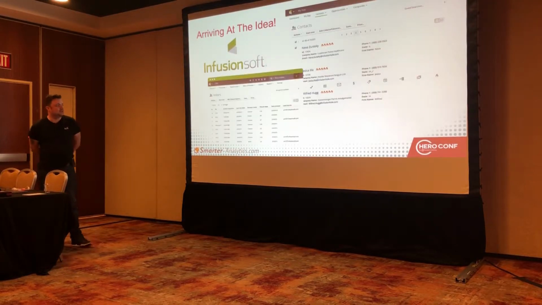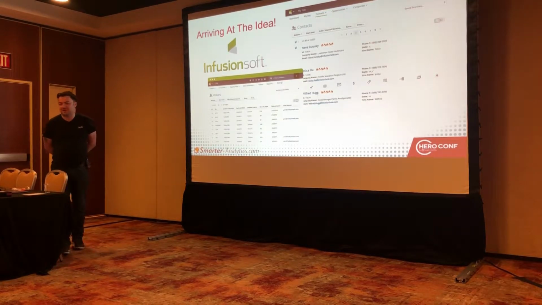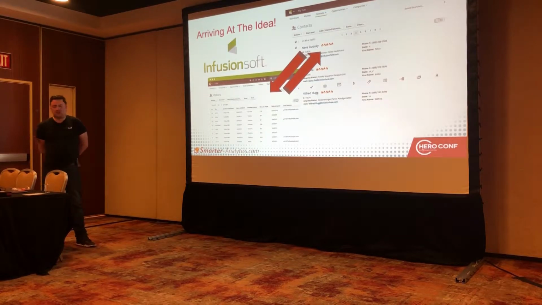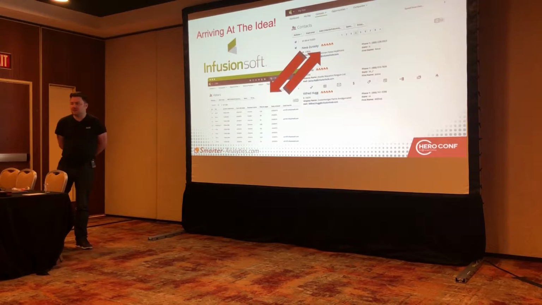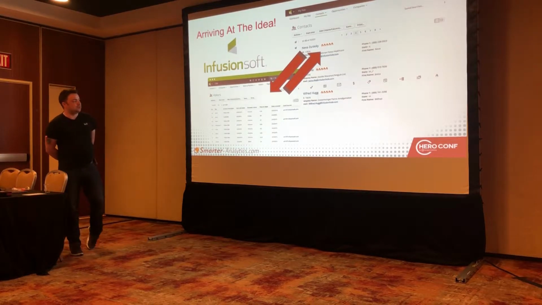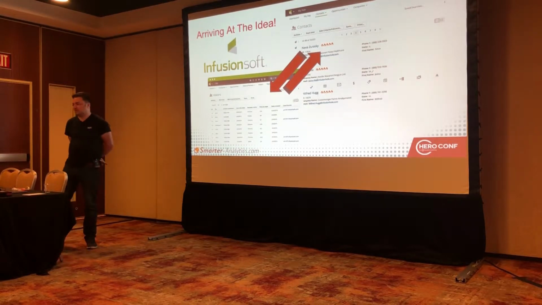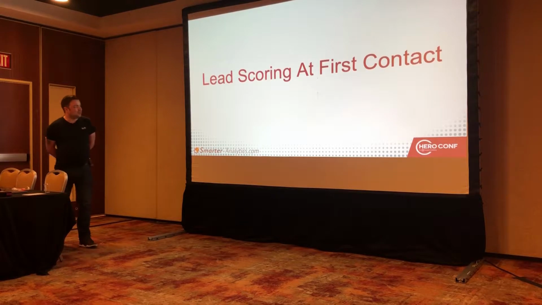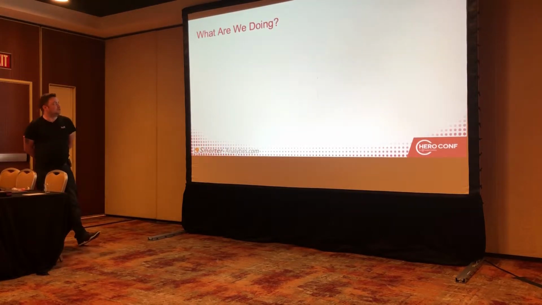And the answer was no. I tried every hack I could possibly conceive trying to get information into Infusionsoft, and I just could not find it. So I started thinking, how can I apply CRM standard lead scoring to visitors without it upsetting Google and be able to apply that later on when somebody converts? Well, that's where this idea is born out of.